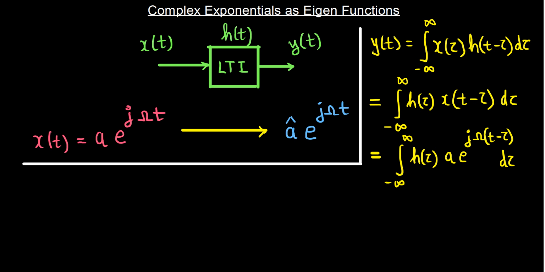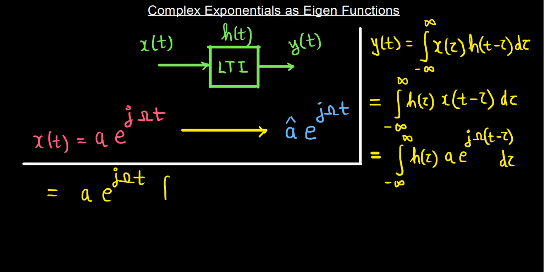This turns out to be equal to, you can see that this integral is a function of tau. So we can simply separate this out and take this e to the power j omega t outside the integration. So we have a, that is constant, taken out of the integration, and e to the power j omega t taken out of the integration.